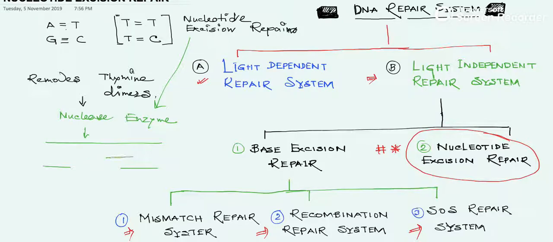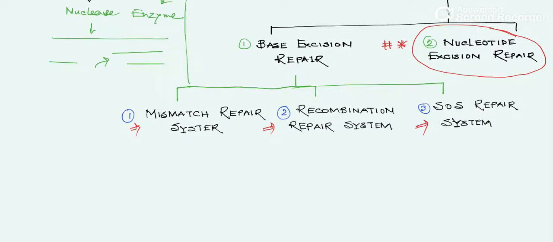Suppose here is some damaged part, and the damaged part is removed from here. Nuclease shows such functional activity in this process. So we have already known that the nuclease enzyme acts in this process. They remove the thymine dimers in nucleotide excision repair.